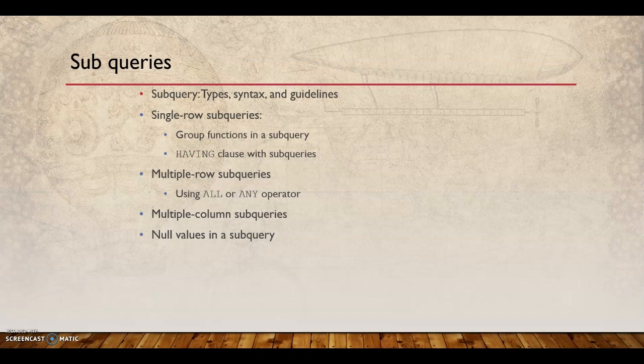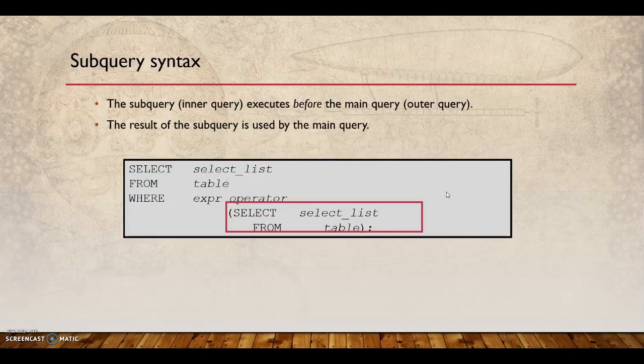It will throw an error. So in case of multiple rows, in the outer query, you need to have the appropriate conditions such as ALL or ANY. If it is a single row, then you don't have much of a challenge. Then you can use GROUP BY columns or HAVING clauses as well.